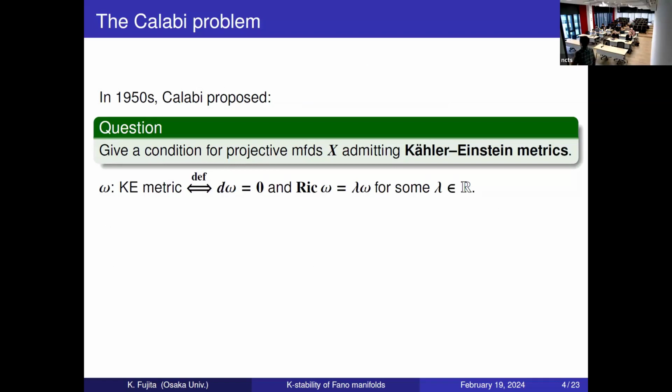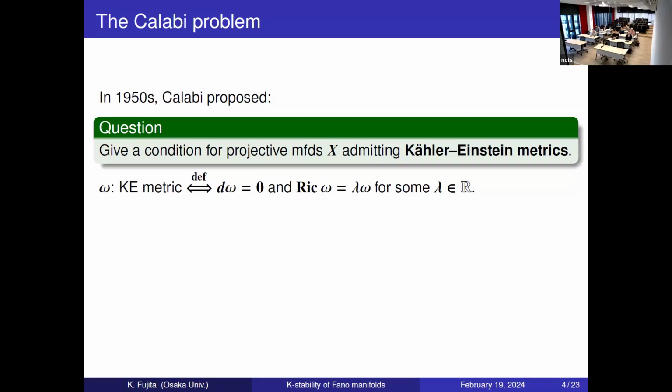A Kähler-Einstein metric means a Kähler form that is closed and satisfies the Einstein equation: Ric(omega) is equal to some constant lambda times the original omega. I call this the Calabi problem, but I heard that Kähler already pointed out this question, so it would be better to add the name of Kähler. But in this talk, we call it the Calabi problem.